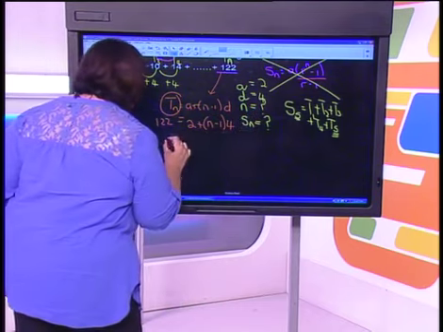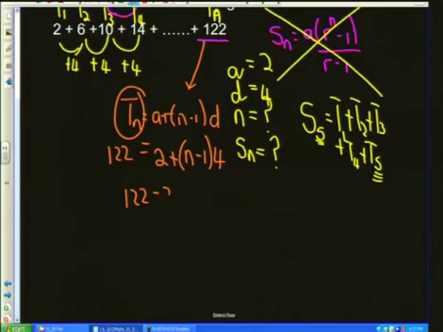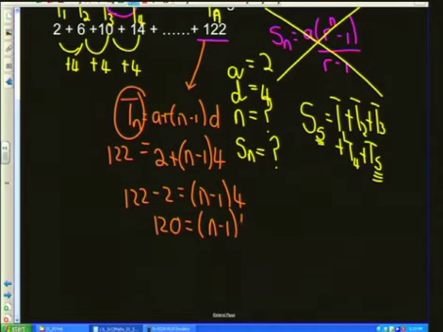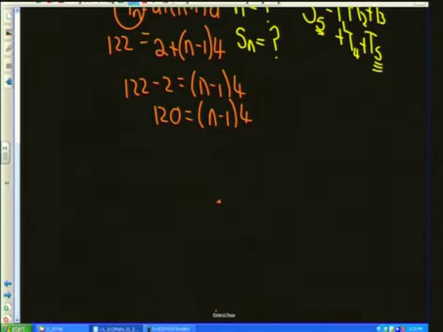So over here we have 122 minus 2. And remember what I said to you about the (n minus 1) times 4. This time I will show you the other way as well. So 122 minus 2 gives you 120 equals (n minus 1) times 4. Now, as I said to you, you have a choice of doing this one of 2 ways. The first way is the way I would do it. I would say, let me divide both sides by 4.